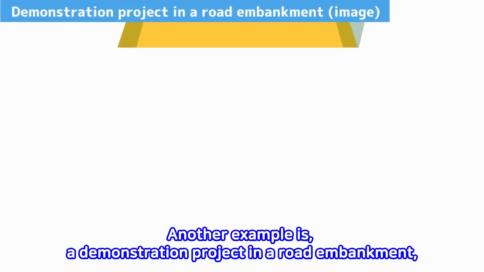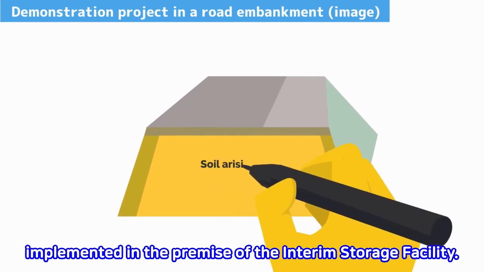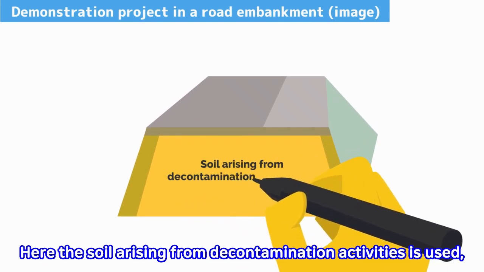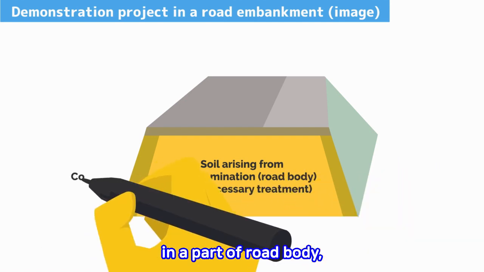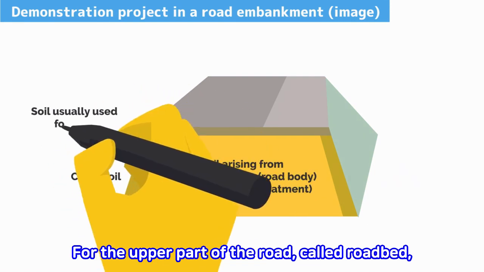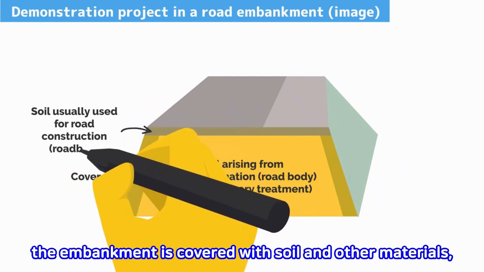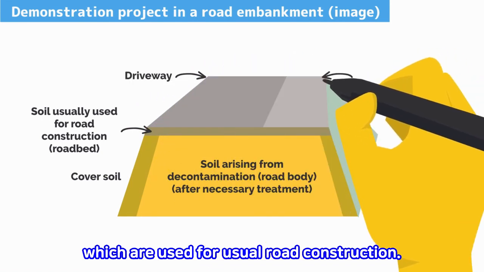Another example is a demonstration project in a road embankment implemented in the premises of the Interim Storage Facility. Here the soil arising from decontamination activities is used in a part of the road body, and both sides are covered with soil. For the upper part of the road, called the roadbed, the embankment is covered with soil and other materials, which are used for usual road construction.